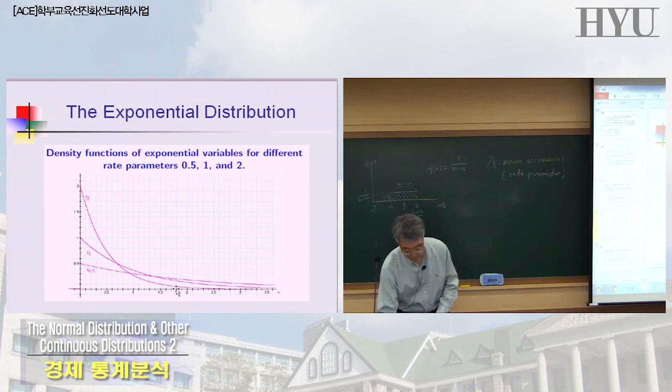It is skewed to the right, and it just declines as the value of x increases. And if the lambda value is 2, it starts from 2, and it goes down, and so on, and 1, 0.5, and so on.